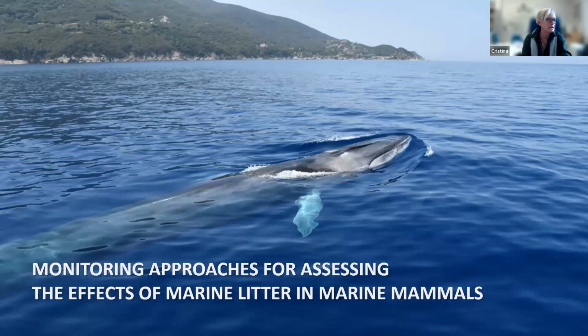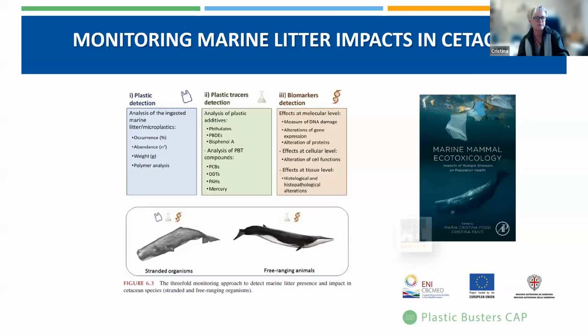And finally, one of the topics that is closest to my heart, the marine mammals. Even pinnipeds, such as monk seal, or cetaceans, such as striped dolphin and fin whale, can be used as suitable bioindicators to define the impact on biodiversity.